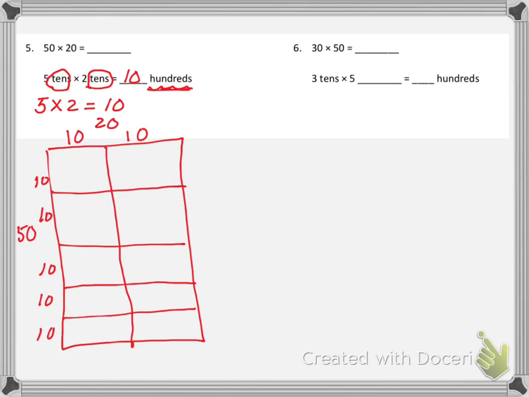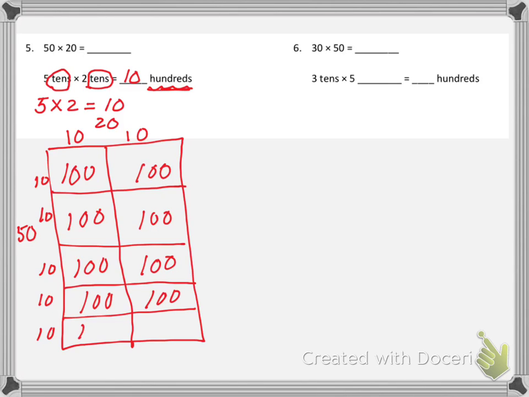Inside those boxes, we're just multiplying by 10, and we get all hundredths inside, because we're saying 20 times 50. We're breaking this all up into the tens. So each one of these boxes represents 100, because it's 10 by 10, 10 times 10.